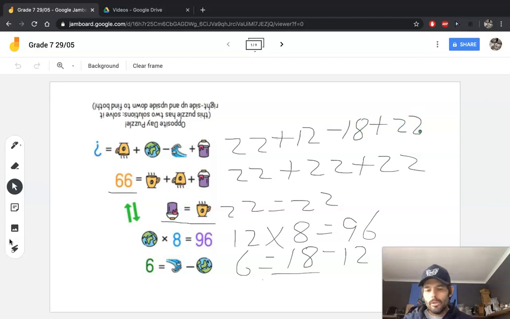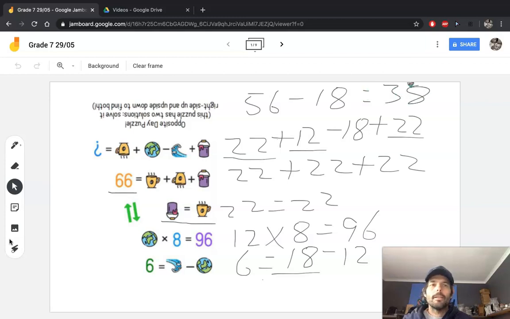Okay, so 22 add 22 is 44. 44 add 12 is 56. So 56 minus 18 is the answer you need to work out. So 56 minus 10 is 46. Subtract 8 and you're going to get 38. Okay, so 38 is the answer when you turn the puzzle upside down.